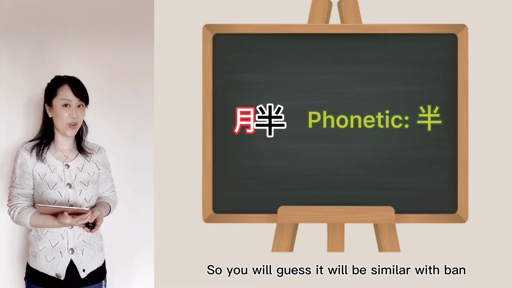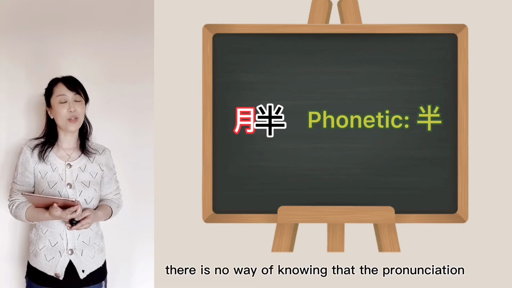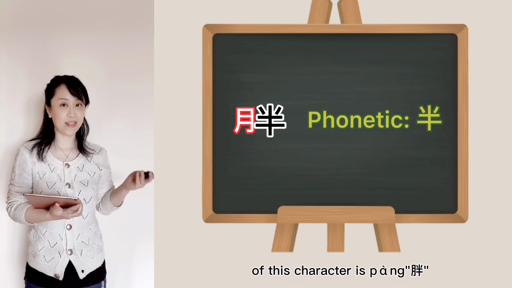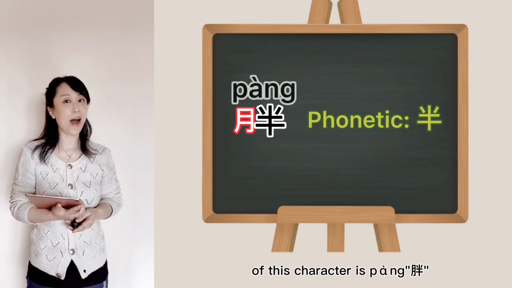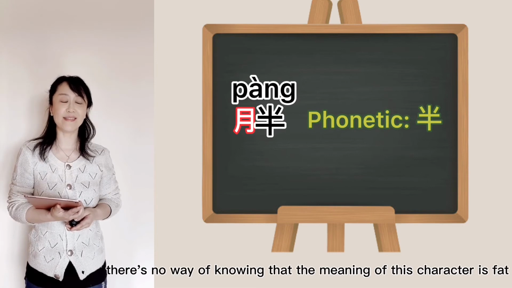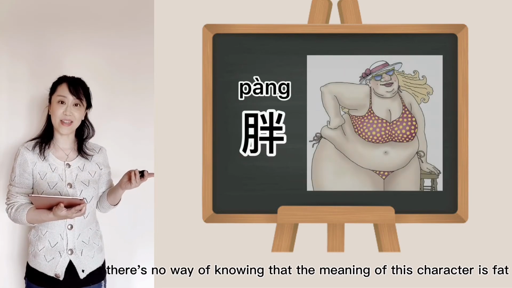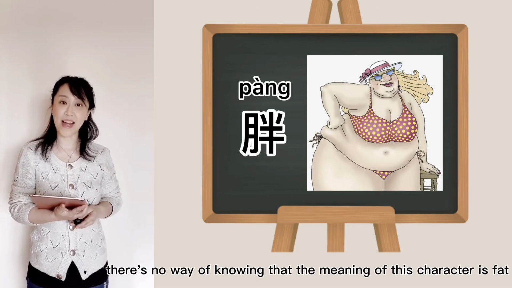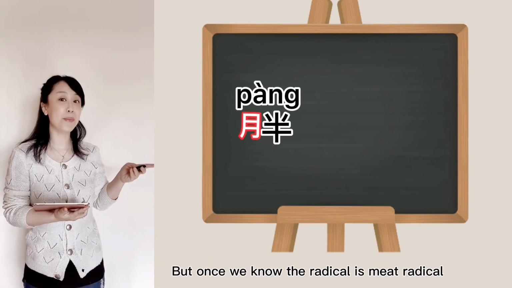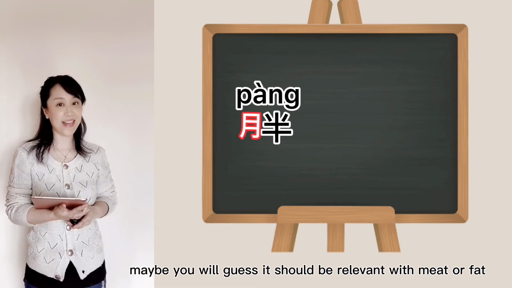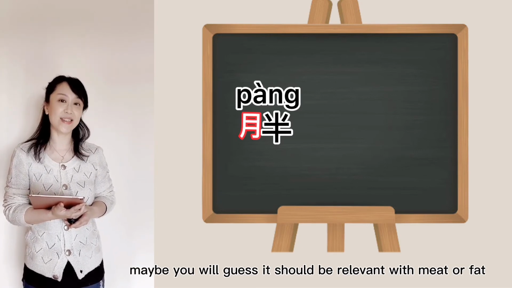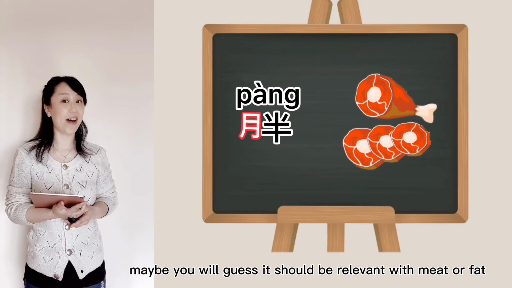Yeah, you are right. However, there is no way of knowing this pronunciation of this character is pang. Likewise, there is no way of knowing the meaning of this character is fight. But once you know the radical is mid radical, maybe you can guess it should be relevant with meet or fight.